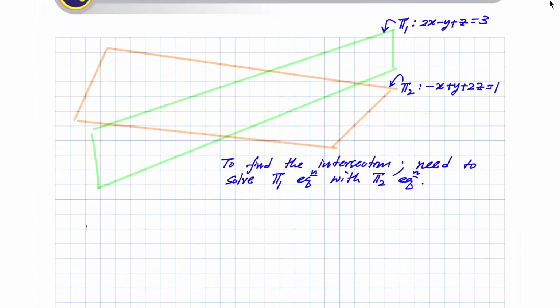So basically, 2x minus y plus z is equal to 3 and minus x plus y plus 2z is equal to 1, we need to solve. Now, how do you solve these two equations simultaneously when they have three unknowns and two equations? There is no way. Since the intersection is a line, won't there be a variable that doesn't matter if you solve for it?